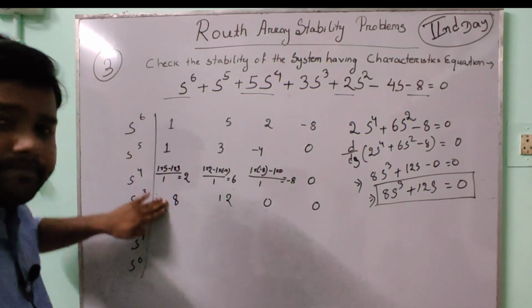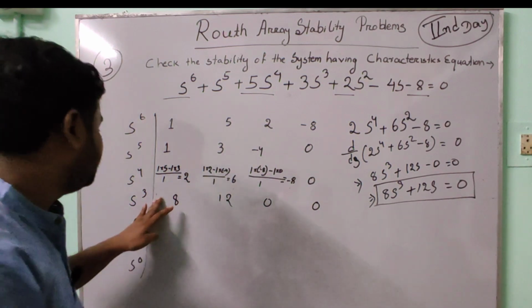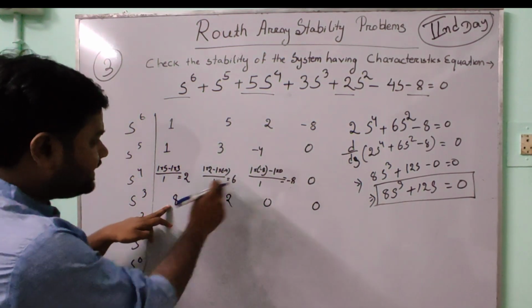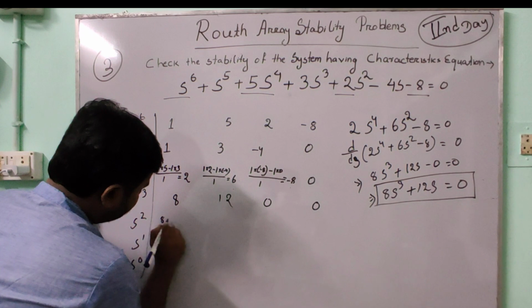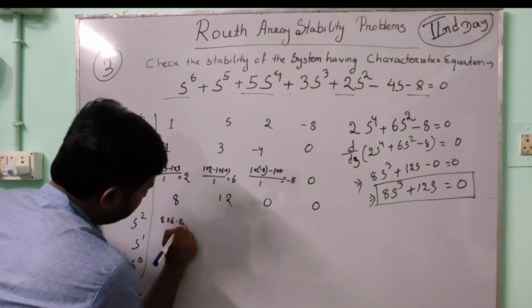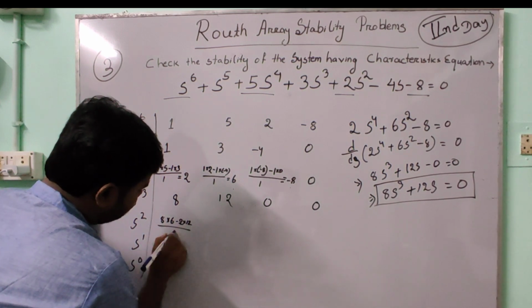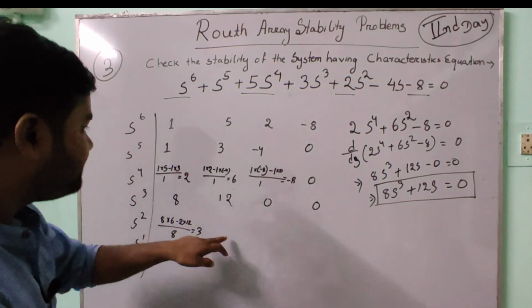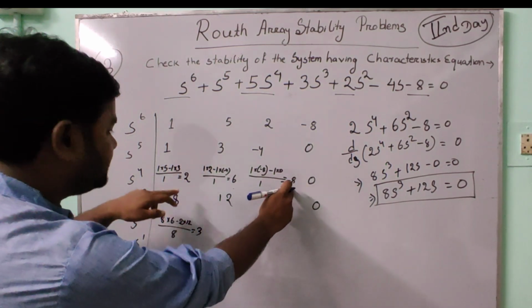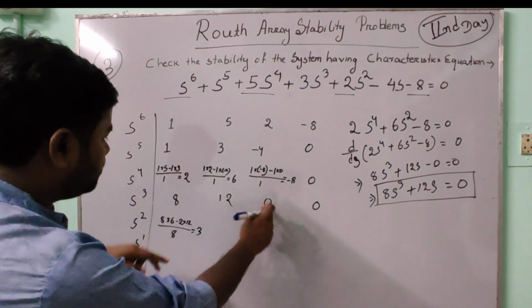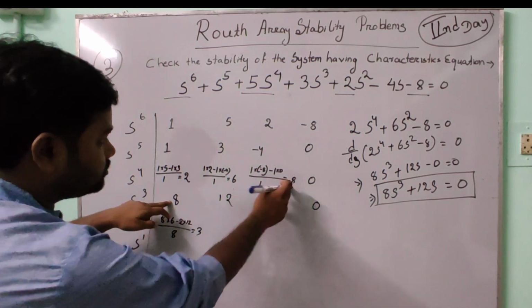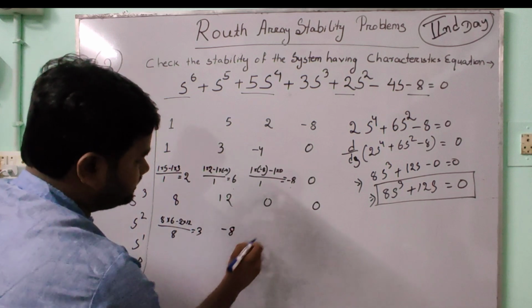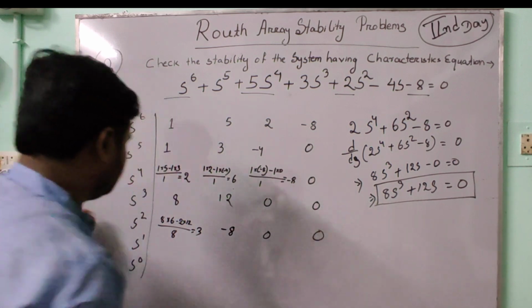Now in the same process we will continue. The value will be (8 into 6 minus 2 into 12) divided by 8, which is 3. The next value will be (8 into -8 minus 2 into 0) divided by 8, which is -8. Then 0, again 0.